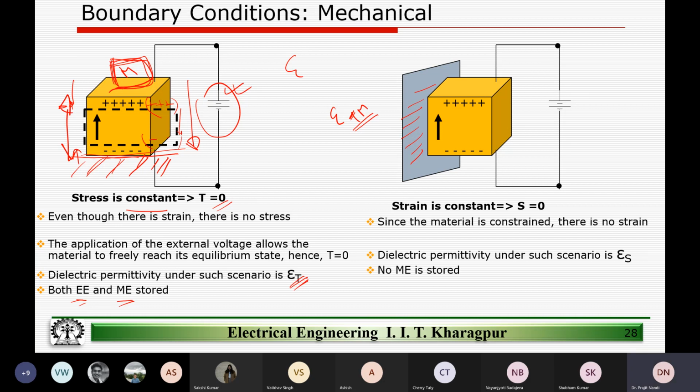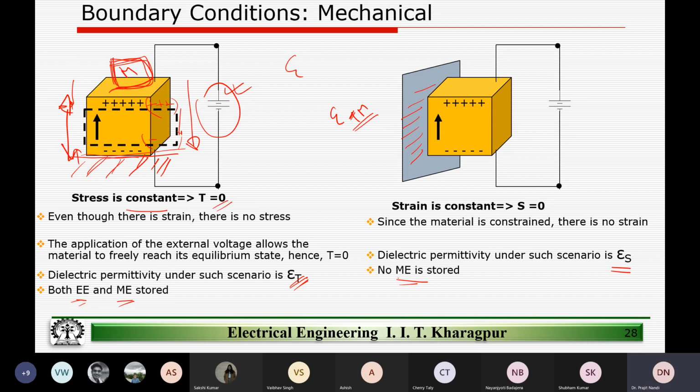And under this condition, because there is no strain, we can say that there is no mechanical energy stored. And under this condition, if we measure the permittivity, we are going to denote this as epsilon subscript S. Is this clear?